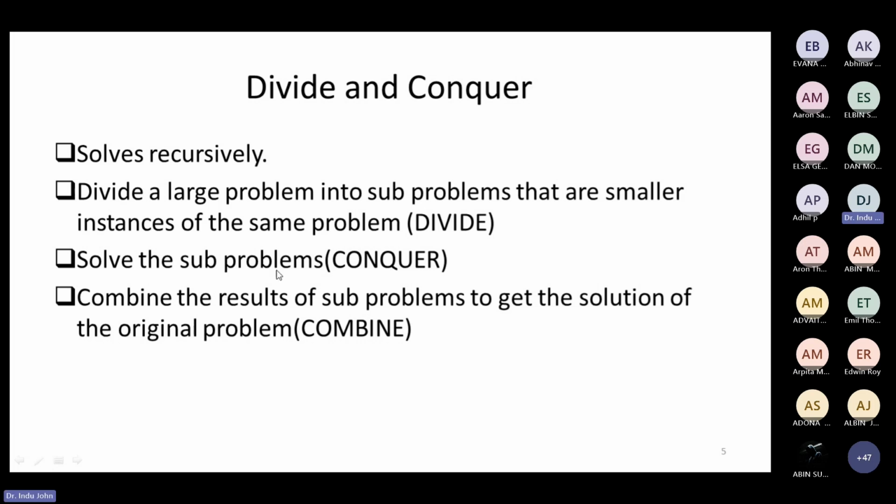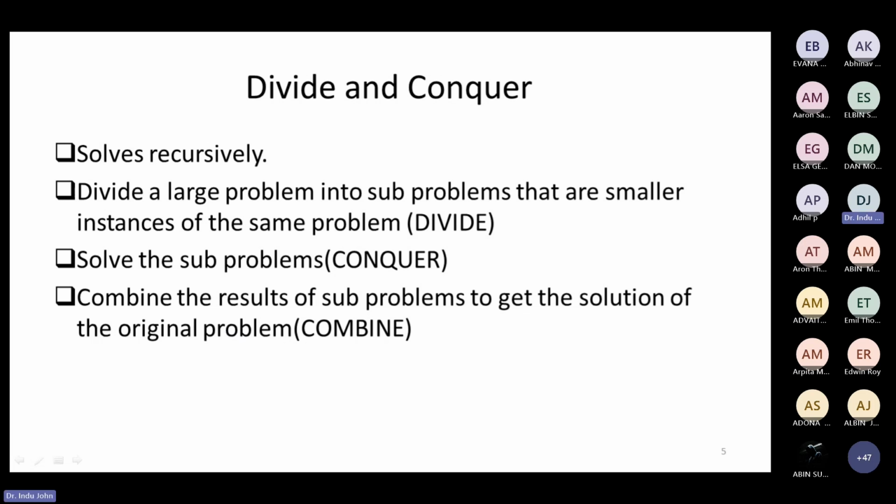So we will solve these subproblems, and this step is known as the conquer step. And the last step is to combine the results of the subproblems to get the solution of the original problem. So these are the 3 steps: divide, conquer, and combine.